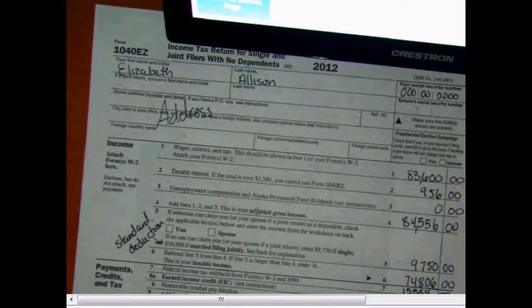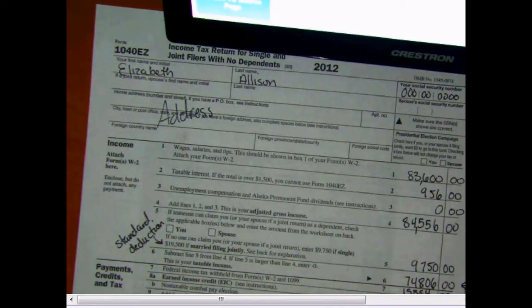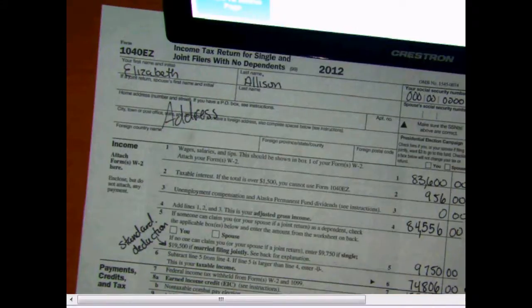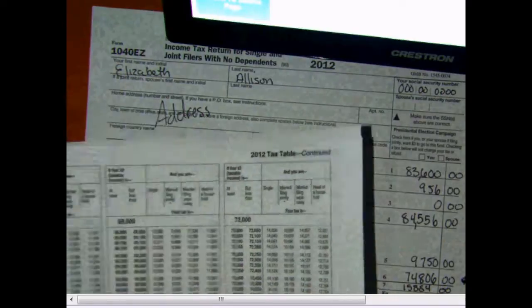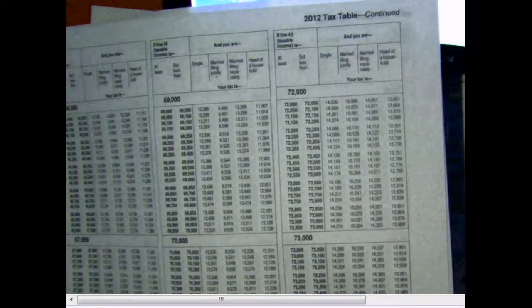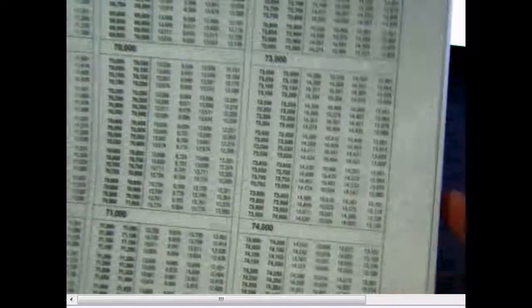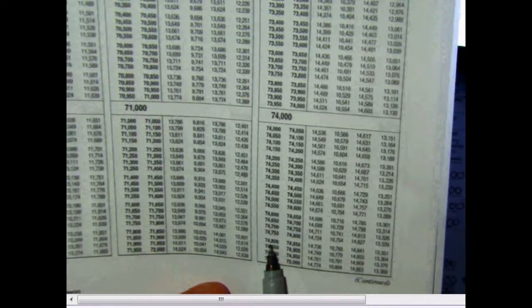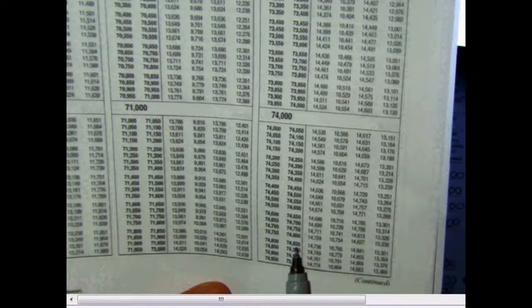Tax. We use this number right here, the adjusted taxable income, to find her tax. And we find that in the tax table. So this is the tax table. We're going to find 74,806. On page 87 is the 74,000 box at the bottom right there. 74,800 to 850.